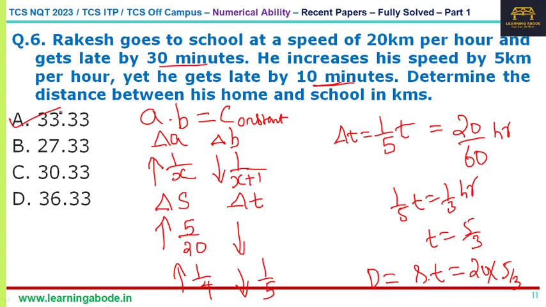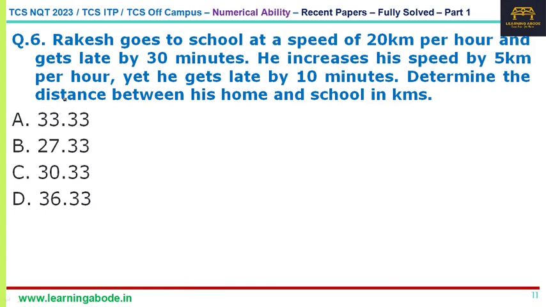Now if some of you are curious, or you are not comfortable with the constant product rule that I said, then I'm not going to completely solve it, I'll just give a suggestion. We'll use the relationship that distance equals speed into time.